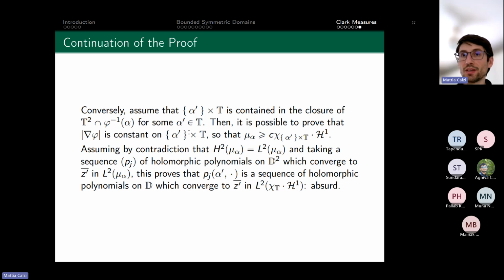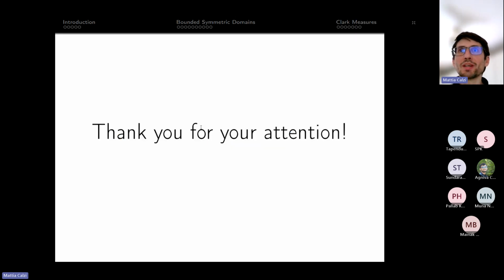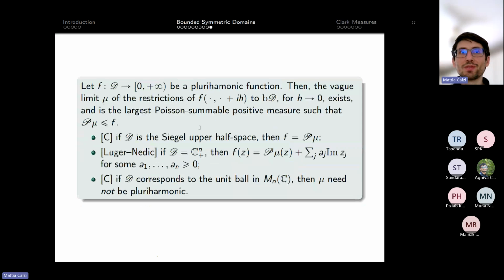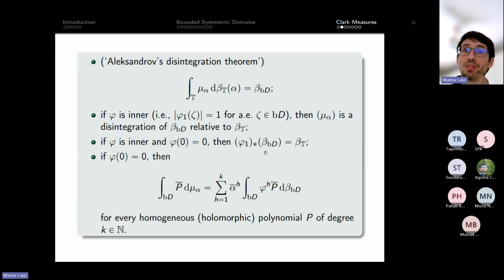This is quite special of the polydisc, and it is moreover a multiple of Lebesgue measure of the torus. This is related to the part that I skipped, to this part here, which is an analog in the polydisc of the representation theorem, but I'm not going to go into details.